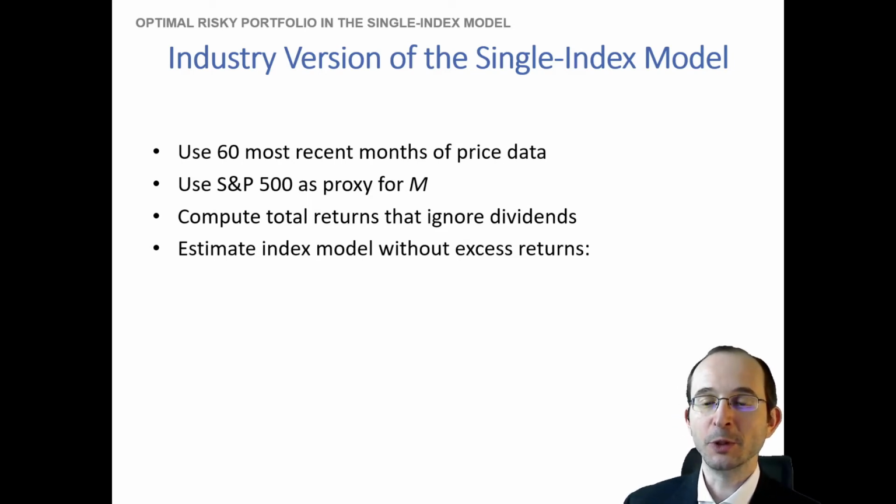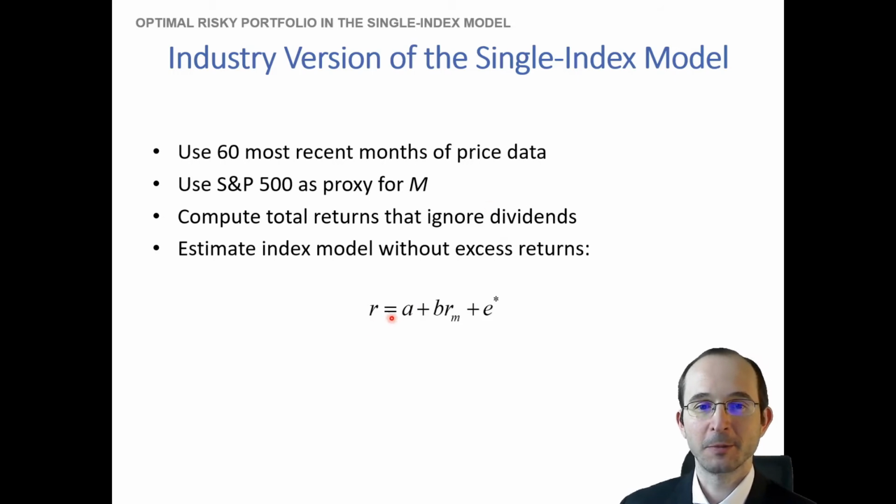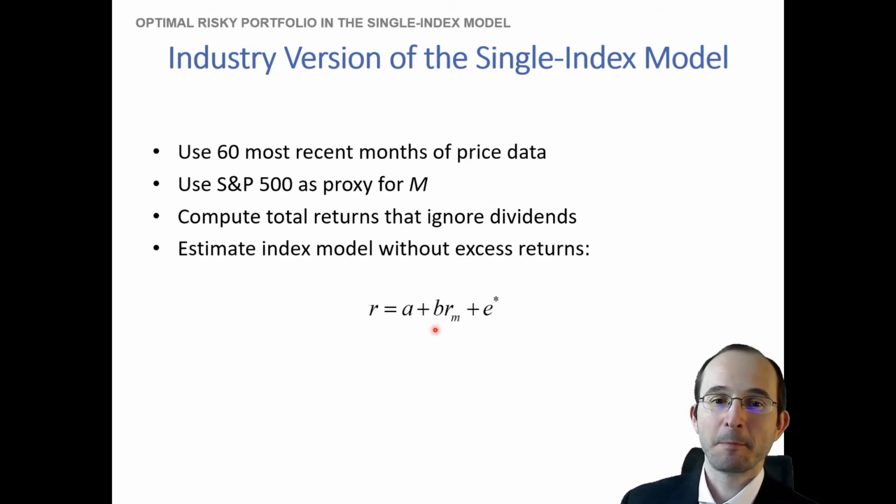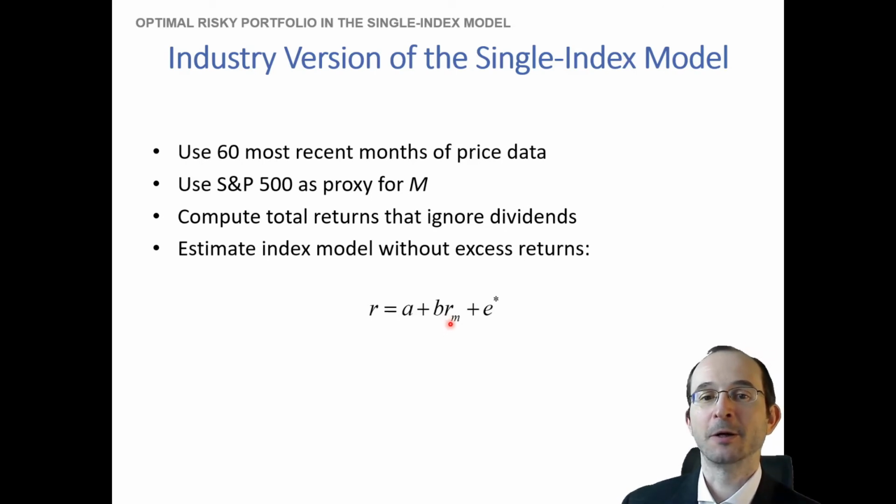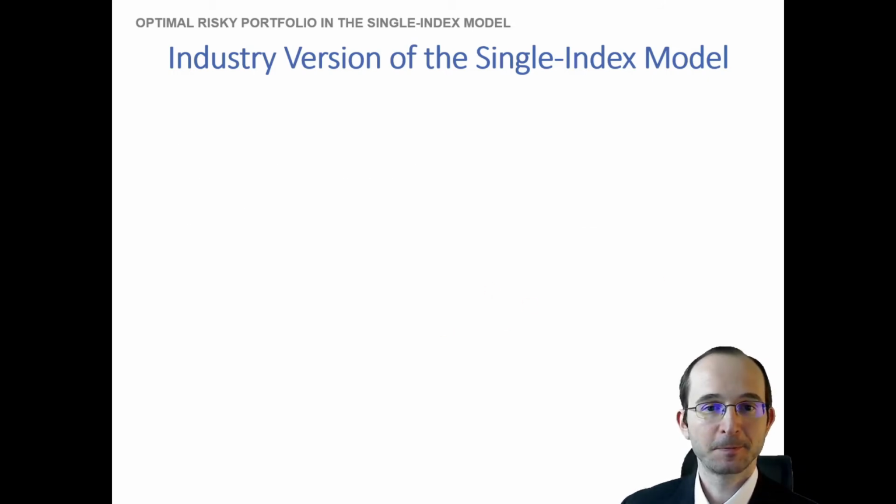In other words, we don't bother with what the risk-free rate is, and we essentially just say that the return on the risk asset is alpha plus beta times the return on the S&P 500 total without dividends. And then we again get that residual, which will be our estimate of the firm-specific risk.